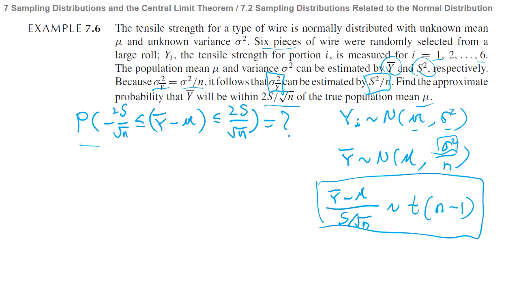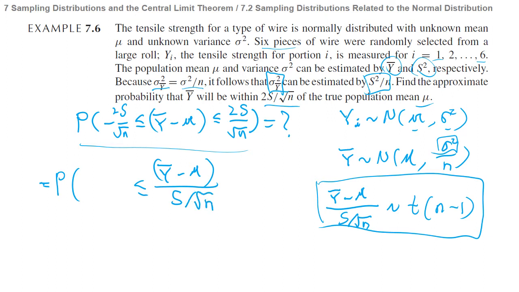To calculate this probability, this is actually the probability that y bar minus mu divided by s over square root of n is between minus 2 and 2.